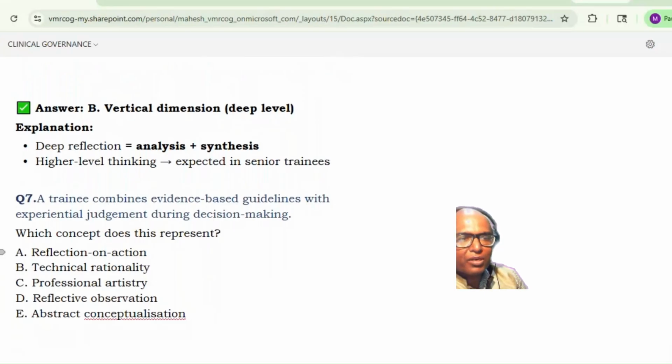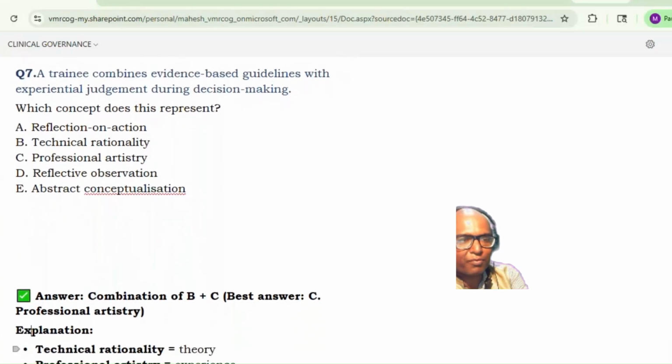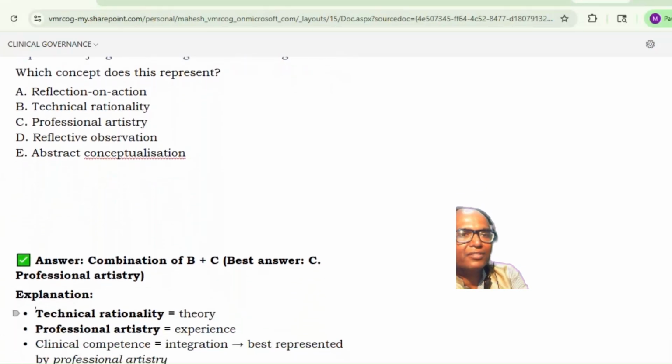Yes, it is because the trainee combines this evidence-based guideline with experiential judgment. So actually, it is a reflection in action which is happening, but at the same time, it is improving the professional artistry because of the experience, this particular past experience and the present experience. They have basically mentioned a combination of B plus C. Okay, the best answer will be C, professional artistry.